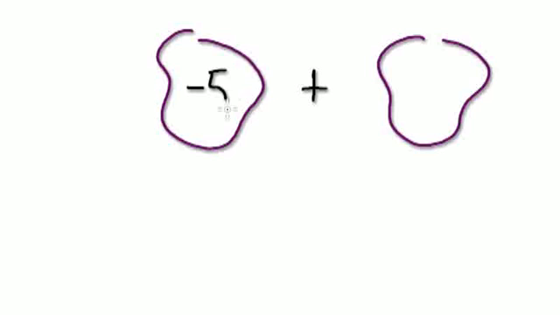Now this one here, remember it's one number and another number. Let's say I'm going to add this time: minus 5, add minus 7. Press pause. What does this equal?